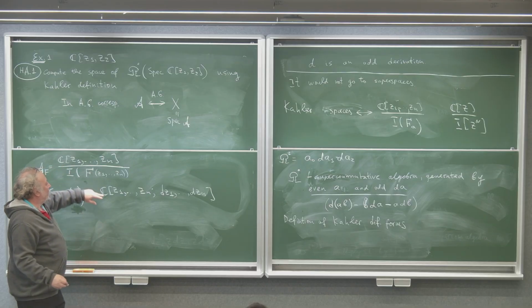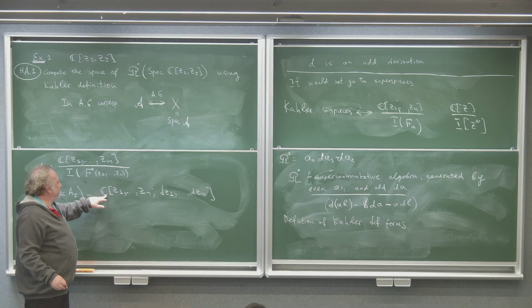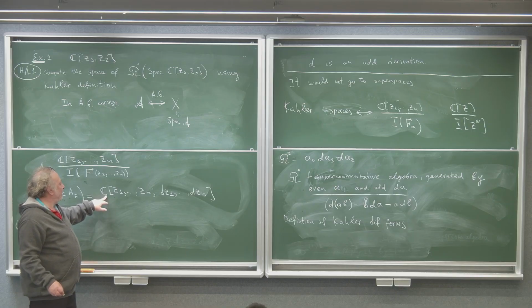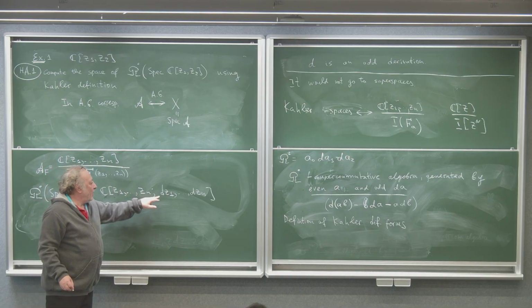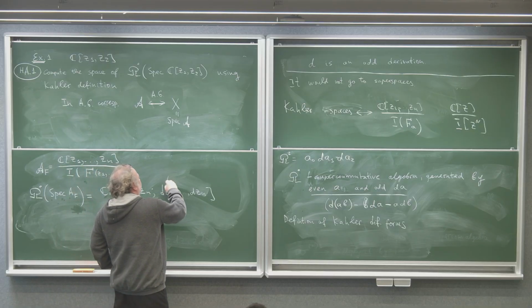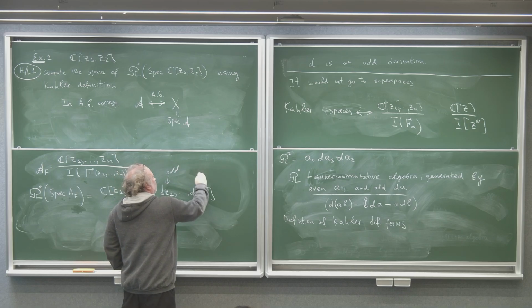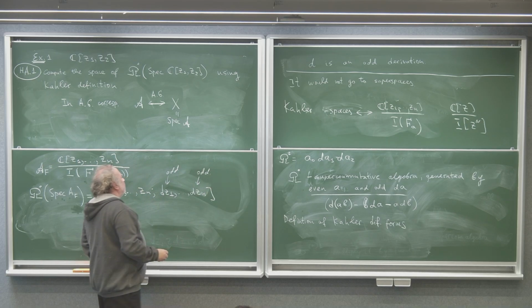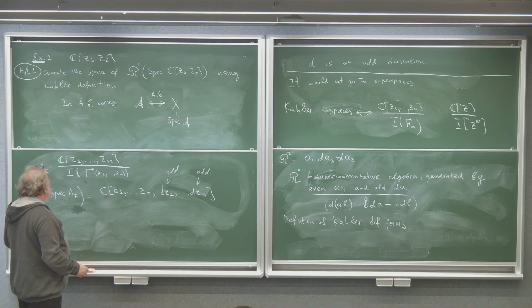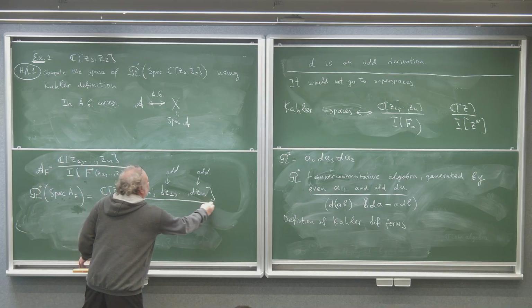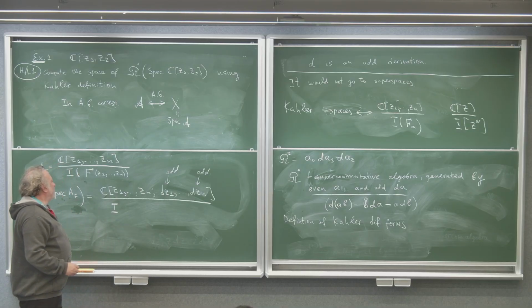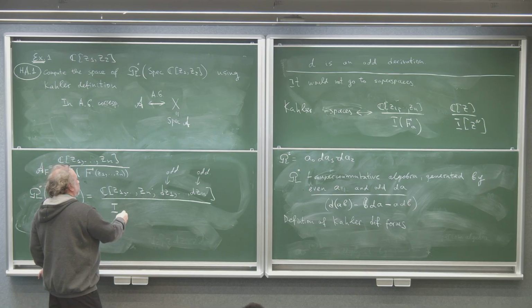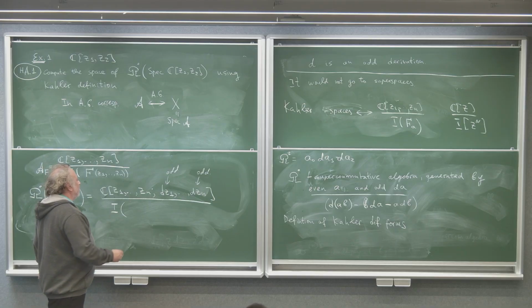So we expect that it will be a supercommutative ring of functions of z1, ..., zn, and also dz1, ..., dzn that are odd. Now it turns out that we have to divide by the following ideal.